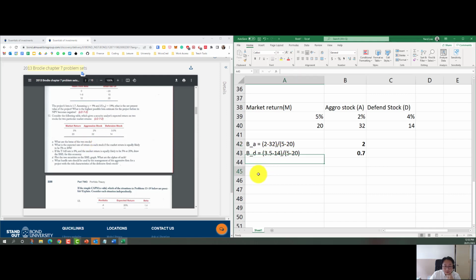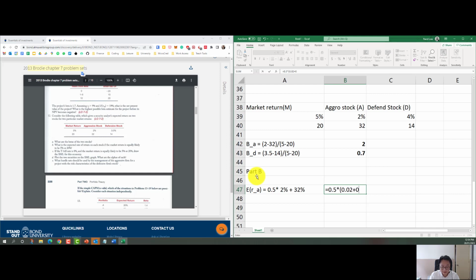So the expected return of A is 0.5 times 0.02 plus 0.32, which gives us 17.